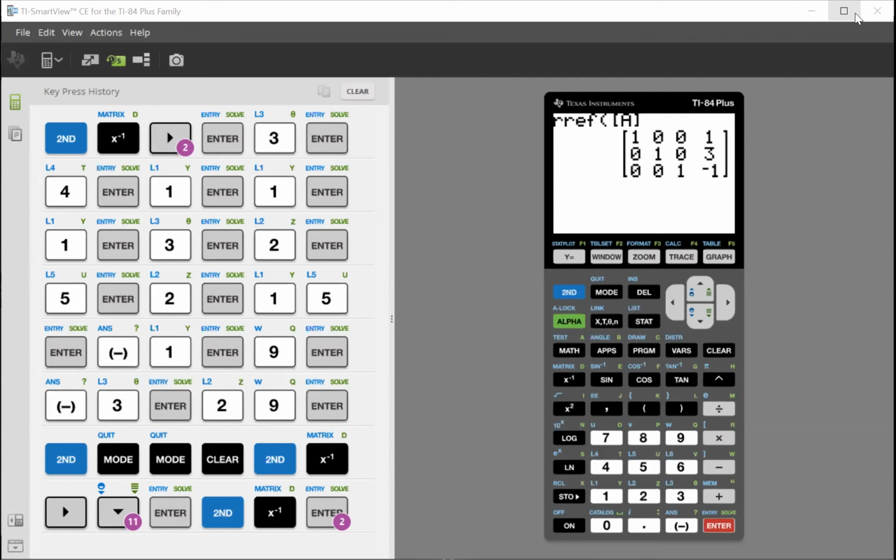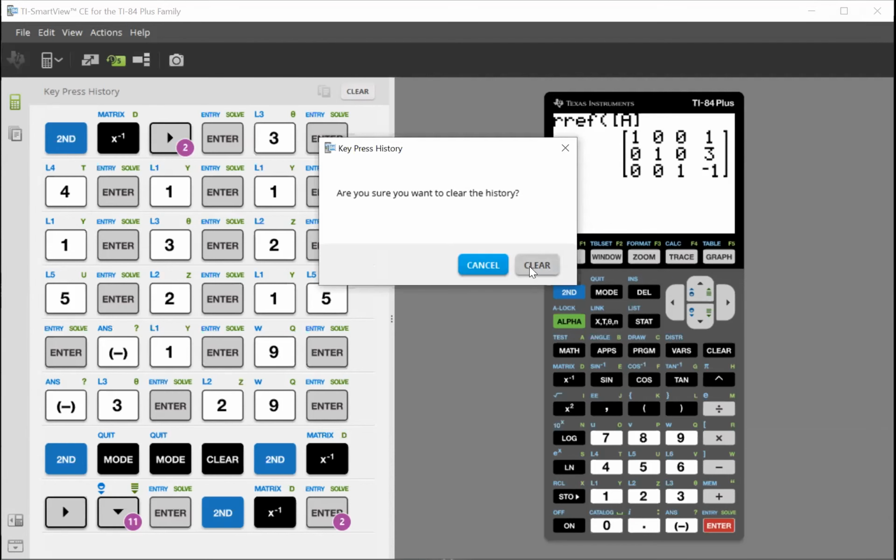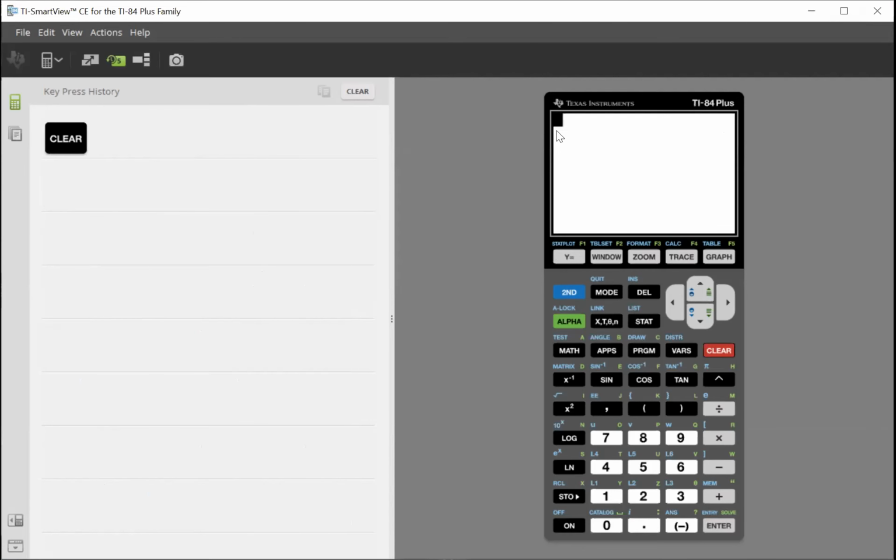Okay. So the reason we want our calculator is for, let me show y'all what I'm doing real quick. Let me clear that screen so I can start over. All right, let me go back to the camera.